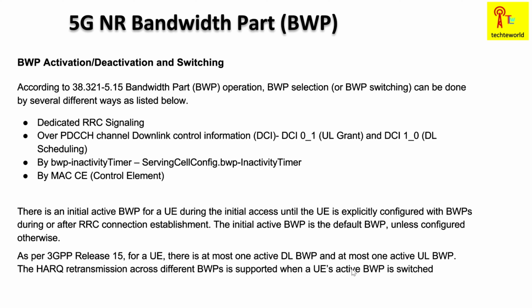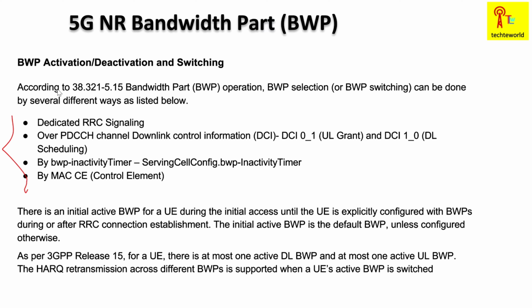It means we can switch it on or switch it off, just like what we do with our home appliances. Similarly, there is a configurable way to switch the bandwidth part on or off. There are different ways to do it, and here we have discussed certain methods by which we can achieve it.